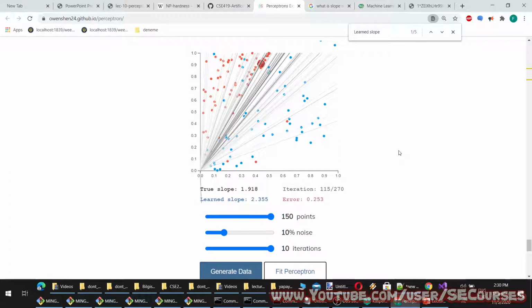Okay, you see, each line is a weight, and as they get more votes, they become thicker in color. You see, this one has become pretty black.